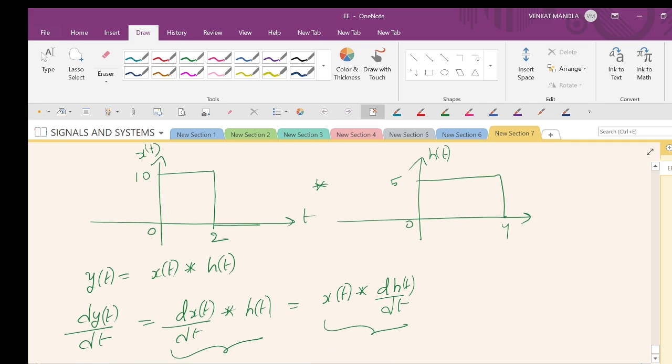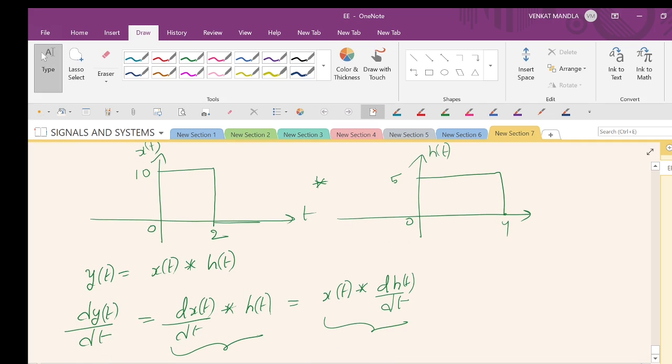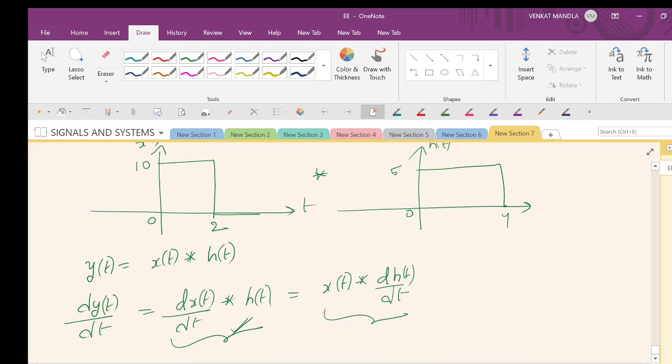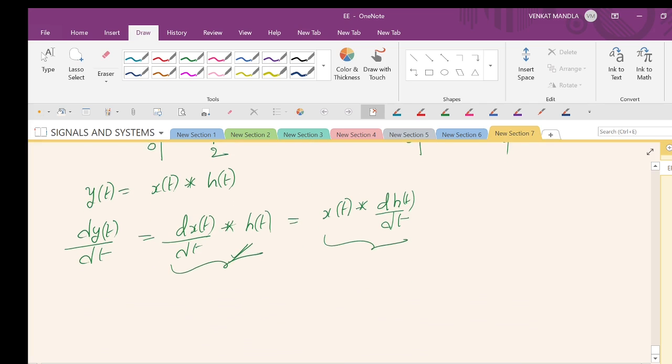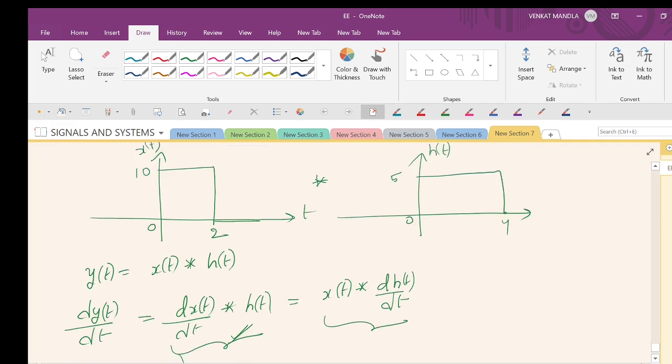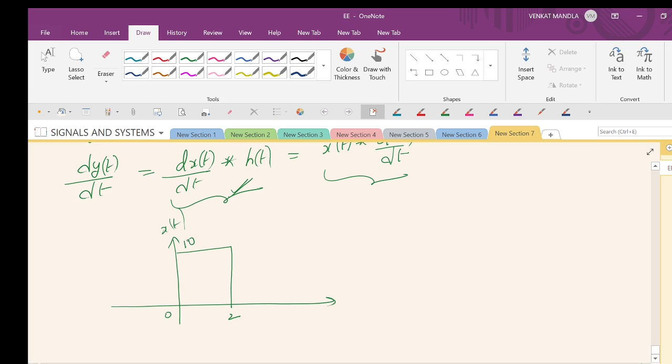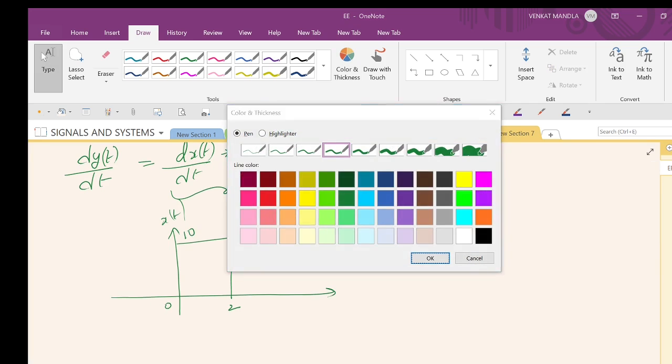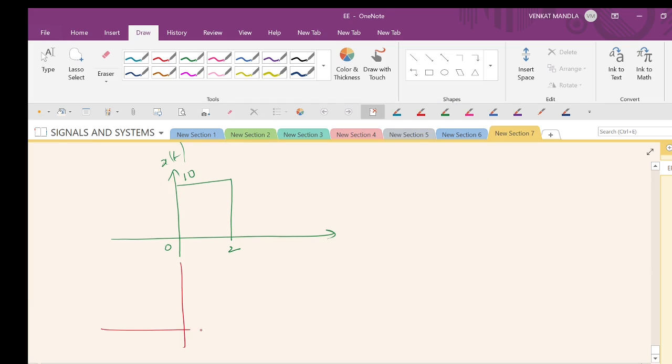That is how I will find out. Okay, so first I will do this one, dx by dt. First I will find out dx by dt. x is given as this xt, from 0 to 2 it is 10. I want to find dxt by dt.